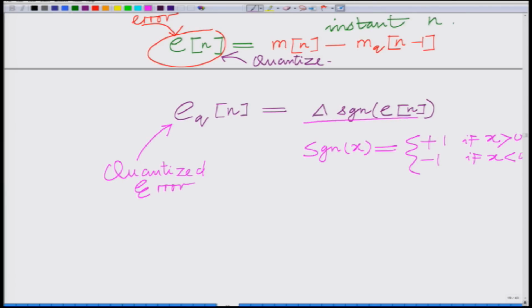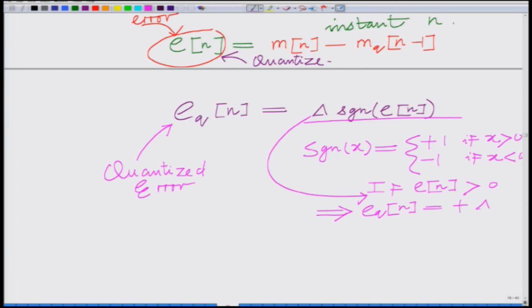So, depending on the sign of E[n], if E[n] is greater than 0, this implies that EQ[n] equals plus delta.